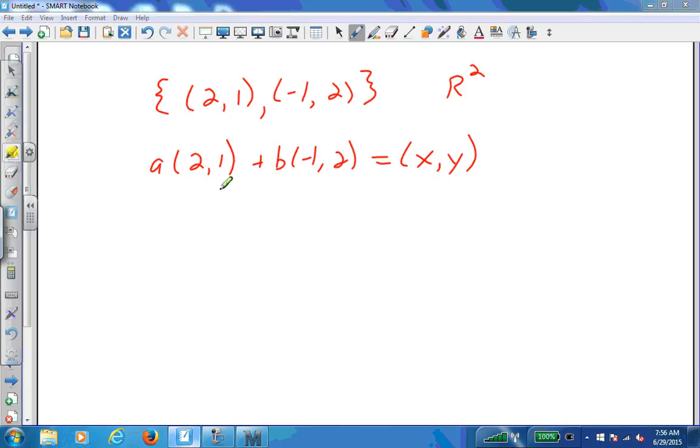So just as a reminder, this is called a linear combination, taking a scalar times a vector plus a scalar times a vector. That's called a linear combination.